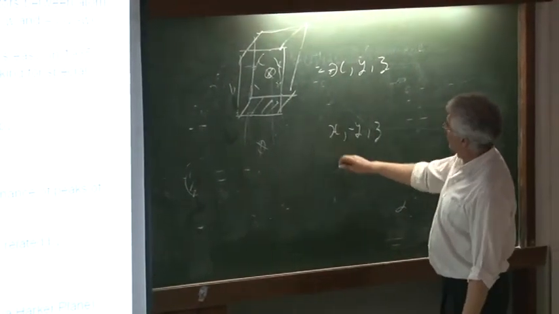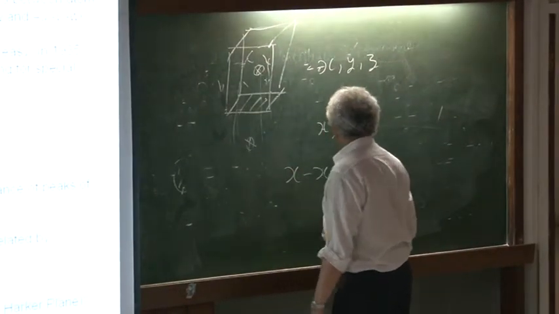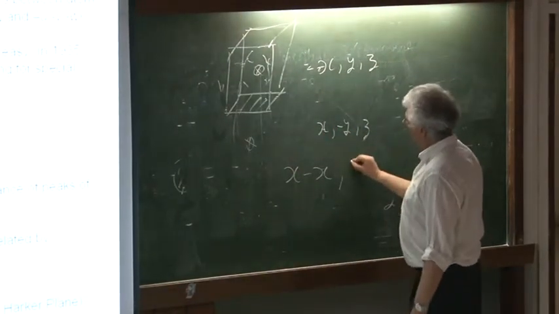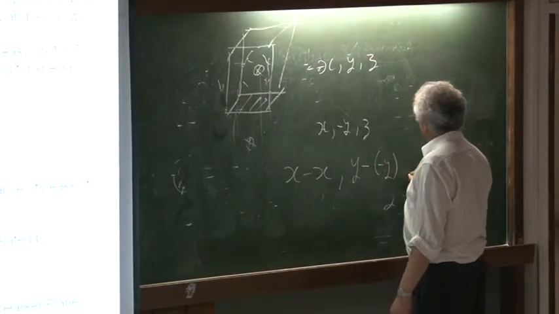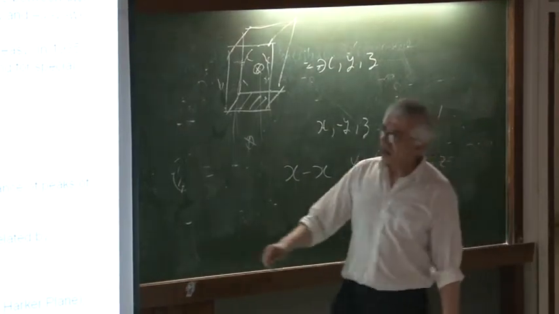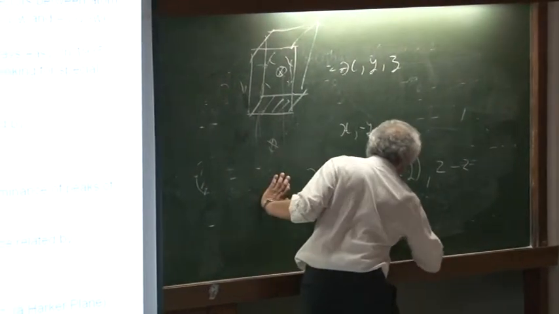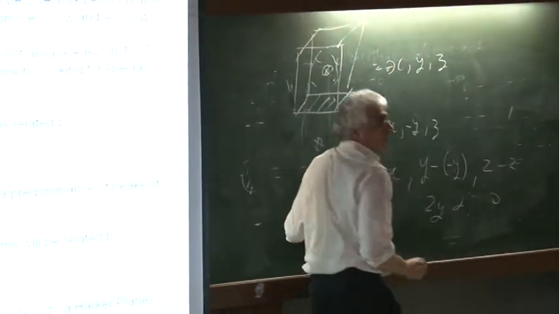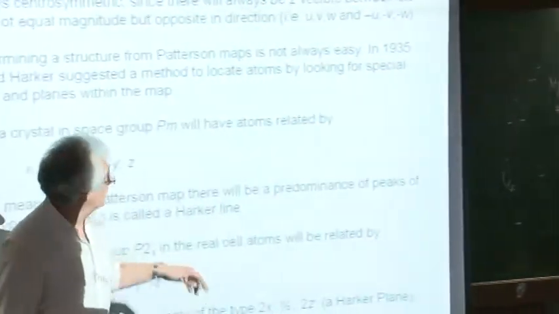So we will have lots of vectors where you have X minus X, Y minus minus Y, and Z minus Z. So we're going to have lots of them at 0, 2Y, 0. If you see a lot of those, you know you have a mirror plane.